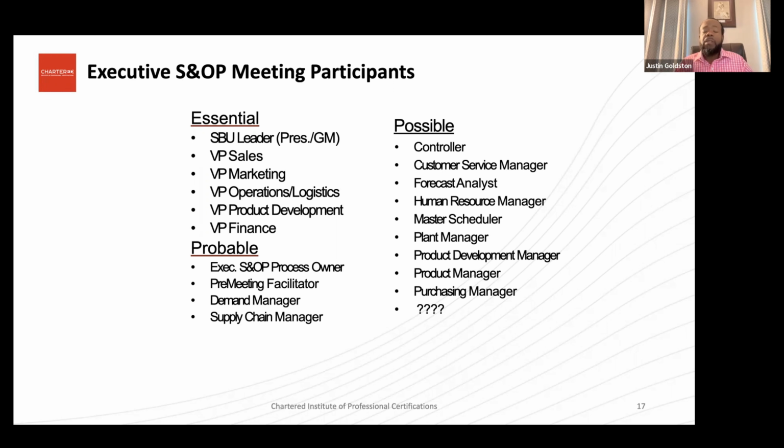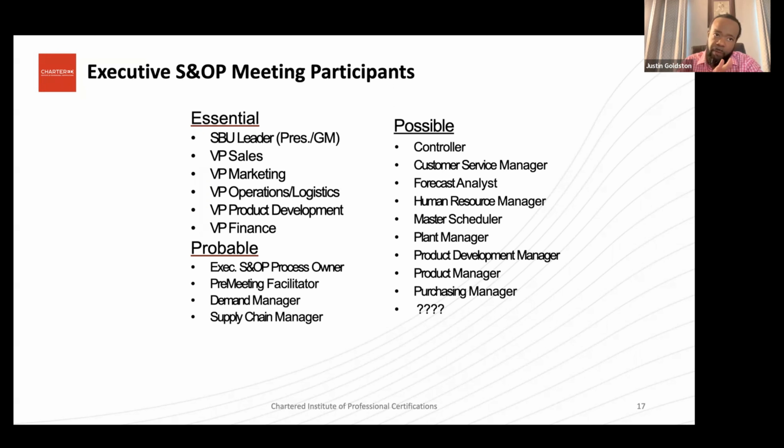If you have a small and medium enterprise, I would also include the master scheduler, the plant manager, as well as the purchasing manager, because they are working on the day-to-day operations, so they can provide vital and valuable input to that sales and operations planning effort.